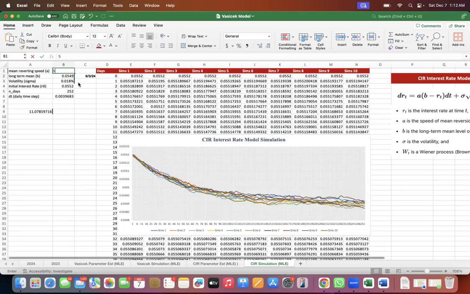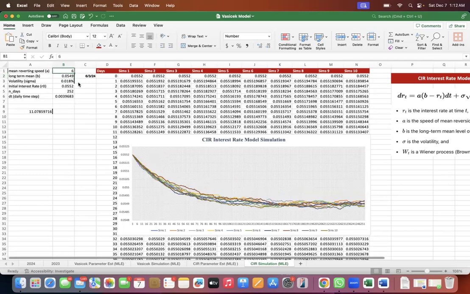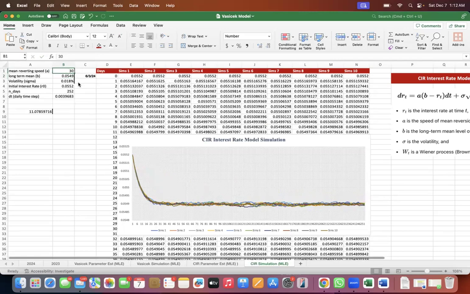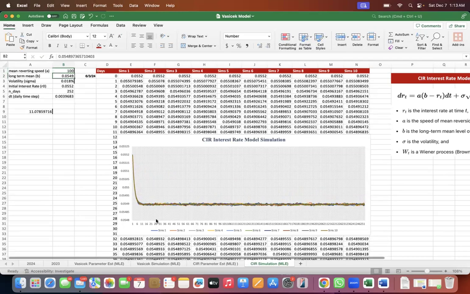See, it's going much faster, right? Let me do 10 so that you can see the impact. Now let me do 30. See, it's going at a much faster rate. 40. Let me do 50. Let me do 100. Let me do 80. Right? Now let me do 100. See how fast the interest rate has converged to the long term mean, right?